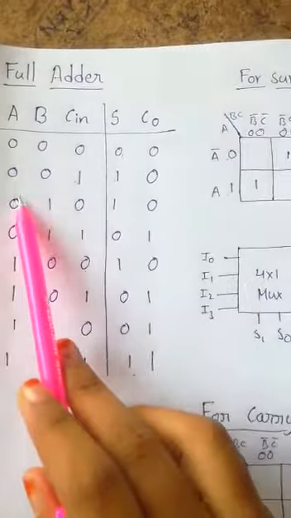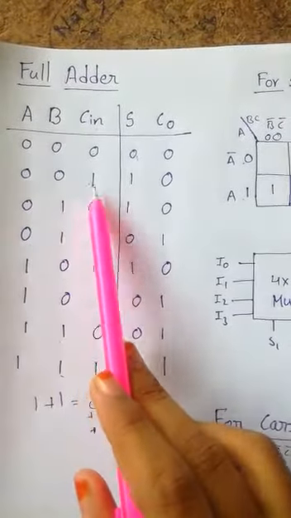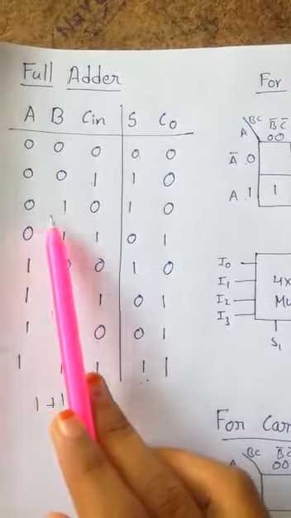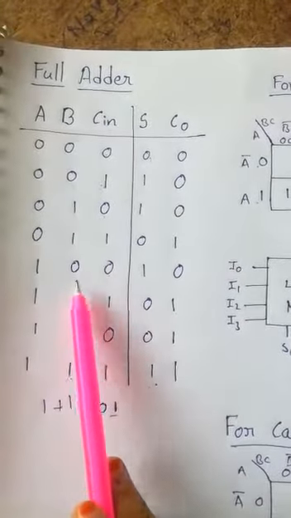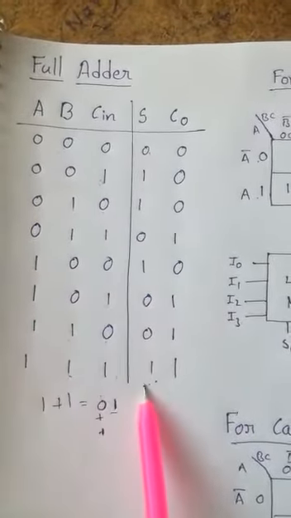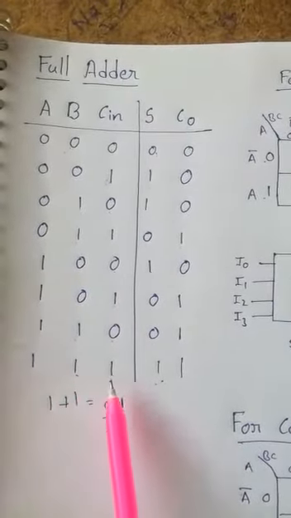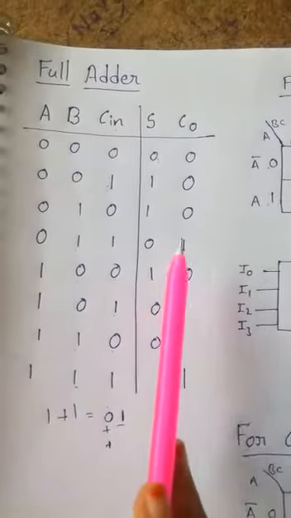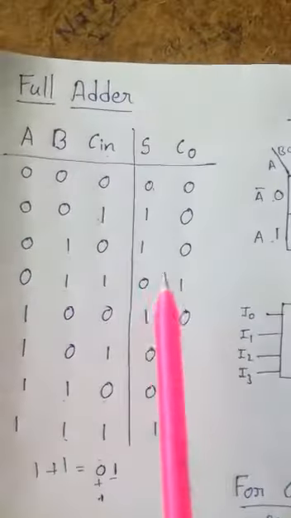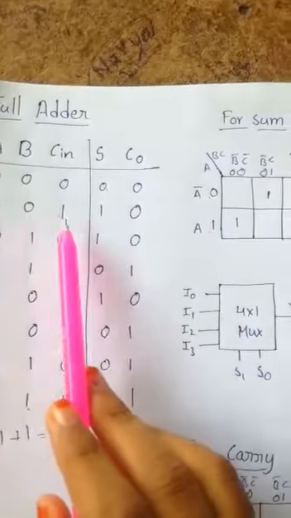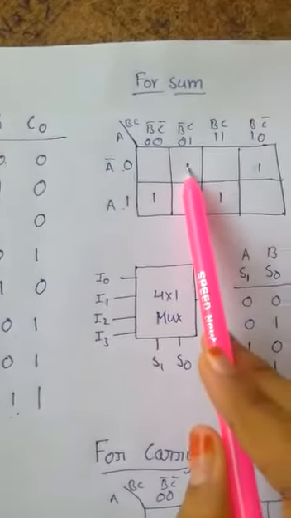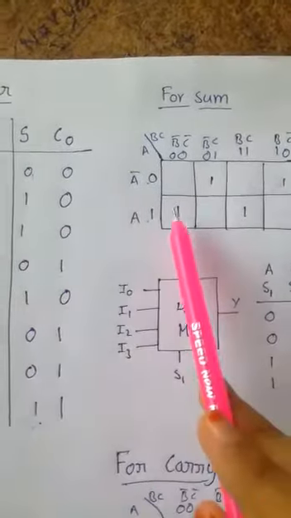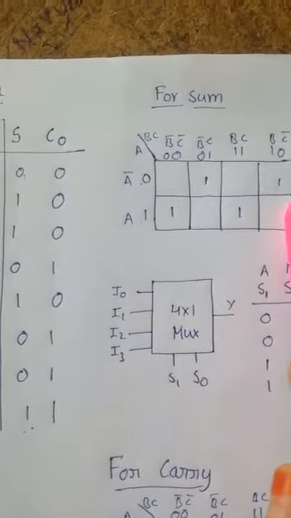We got A0, B0, C in 1 and A0, B1, C in 0, and here A1, B1, C in 0, and here A1, B1, C in 1. Now we take this element, that is A0, B0 and C in 1, and we kept the 1 here. By using this, we have pointed out all the ones here.